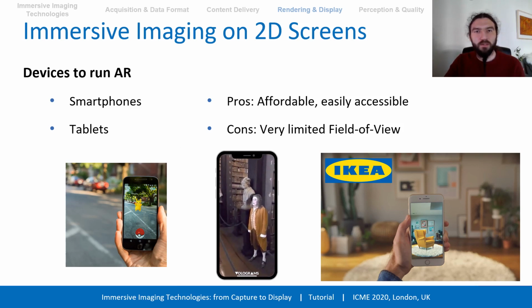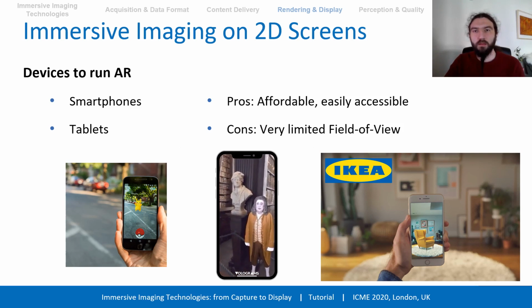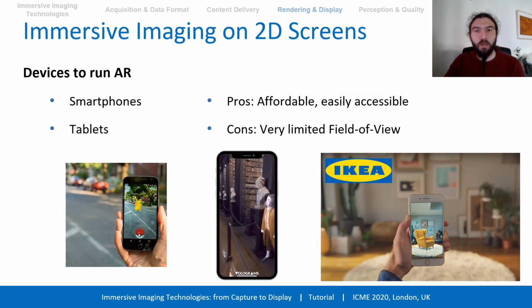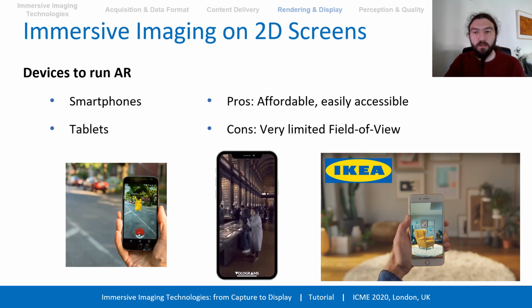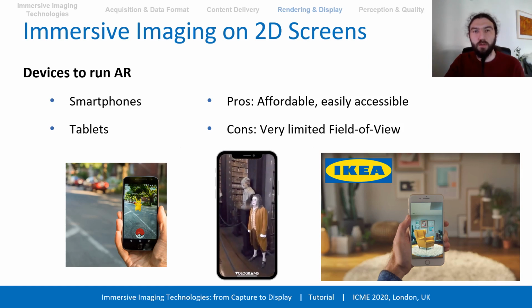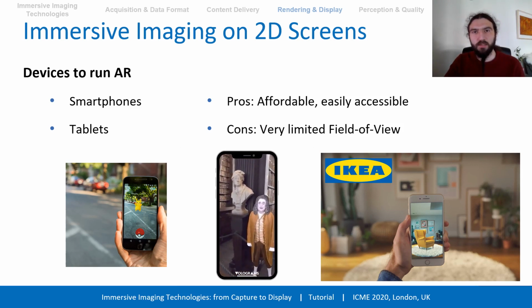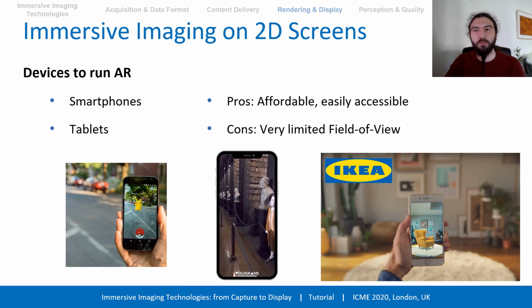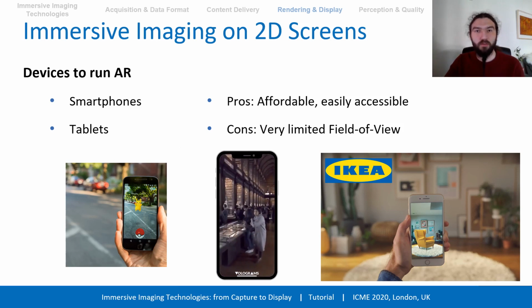Here we see a few examples of applications, from Pokemon Go, which is a popular mobile AR game, to the museum guide prototype we mentioned in the earlier slides, to the IKEA application, which lets you place augmented reality furniture in your apartment. Although these displays are affordable and easily accessible, they have a very limited field of view. Nevertheless, we can predict that these will be the devices which would make AR more popular due to their availability.